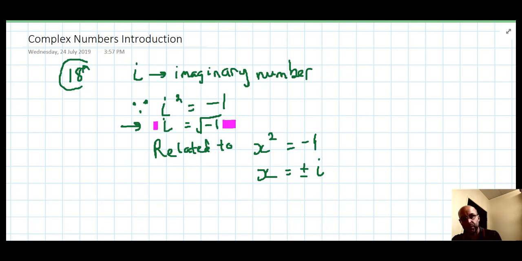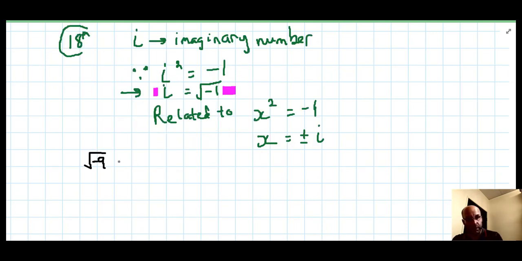Here's some examples. For the square root of -9, you treat it like how you've treated surds in the past. You can go something like that, which is okay according to our laws, and you could rewrite that as such.